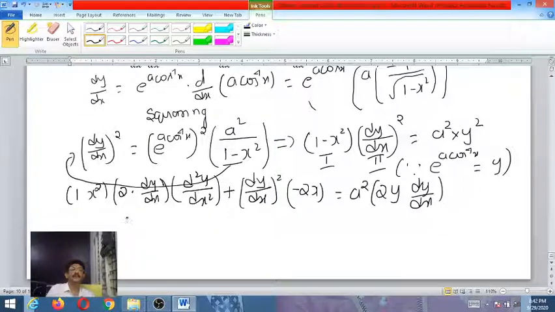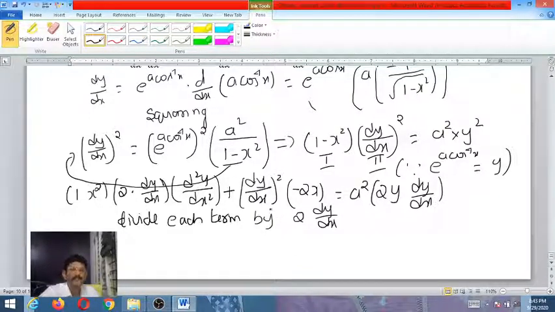Now divide each term by 2 into dy by dx. We get the answer here. If we divide by 2 here, 2 into dy by dx cancel. Here we are left with 1 minus x square into d square y by dx square.